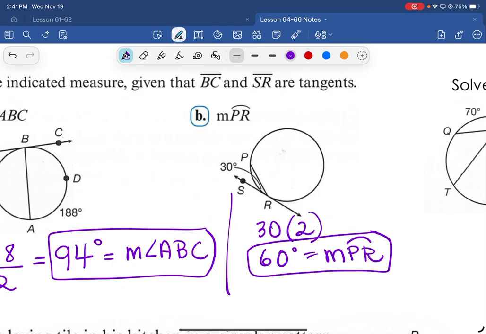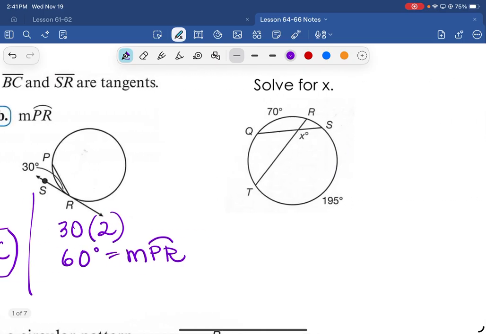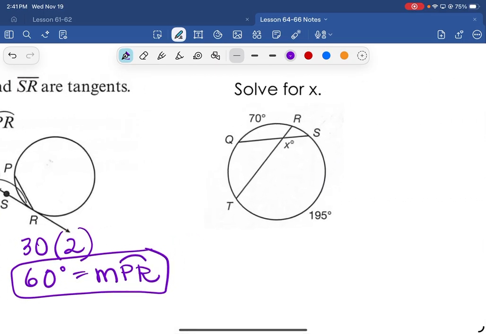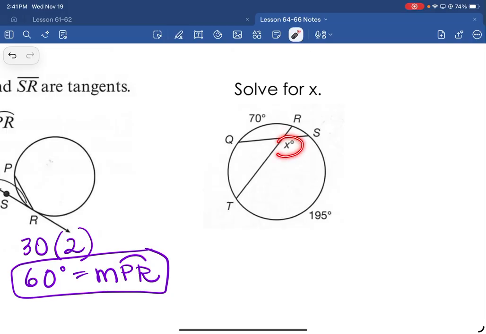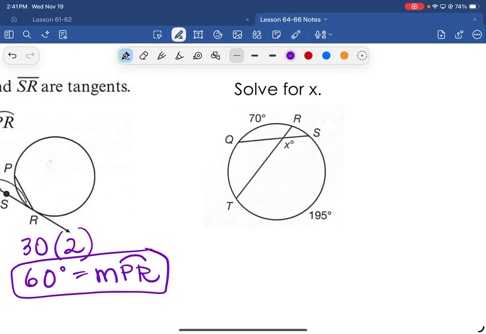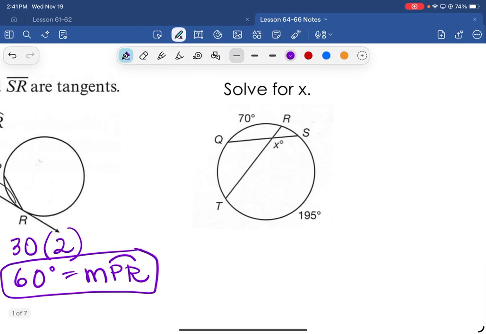Okay, now let's look at a problem related to the second theorem, 64-2. Notice how they want this angle right here, okay? They give us the arcs that go with that angle. Wouldn't we just add those up, divide them by 2? That's all you do. So let's write that out algebraically so it'll look good in your notes.